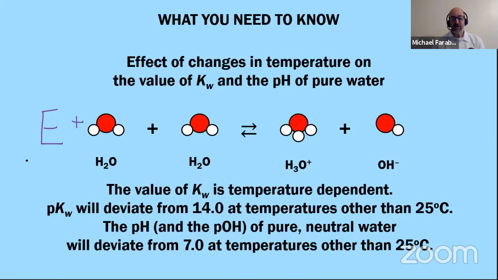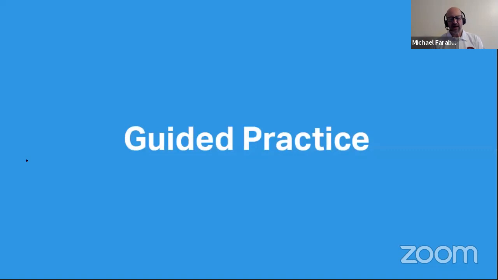That means that when you raise the temperature, you are going to shift the equilibrium in a certain direction, and when you lower the temperature, you will shift the equilibrium in the opposite direction. So the value of Kw is temperature dependent, as all equilibrium constants are. And the pKw is going to be a number other than 14 when the temperature is something other than 25 degrees Celsius.